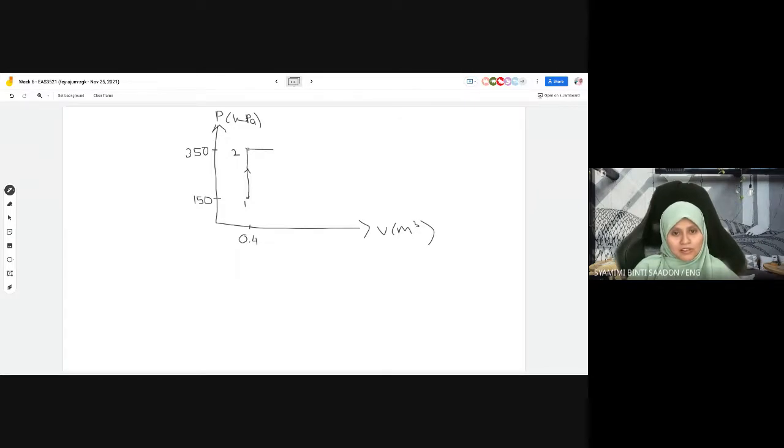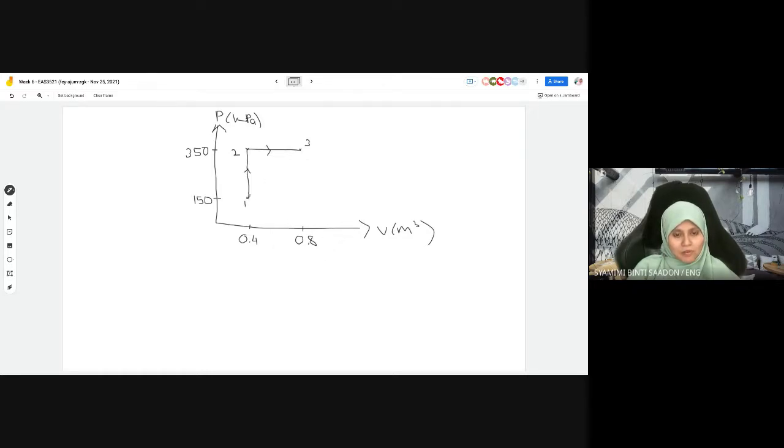We heat the air inside the piston, 2 to 3 at constant pressure. Heated, volume double, so 0.8, point 3.